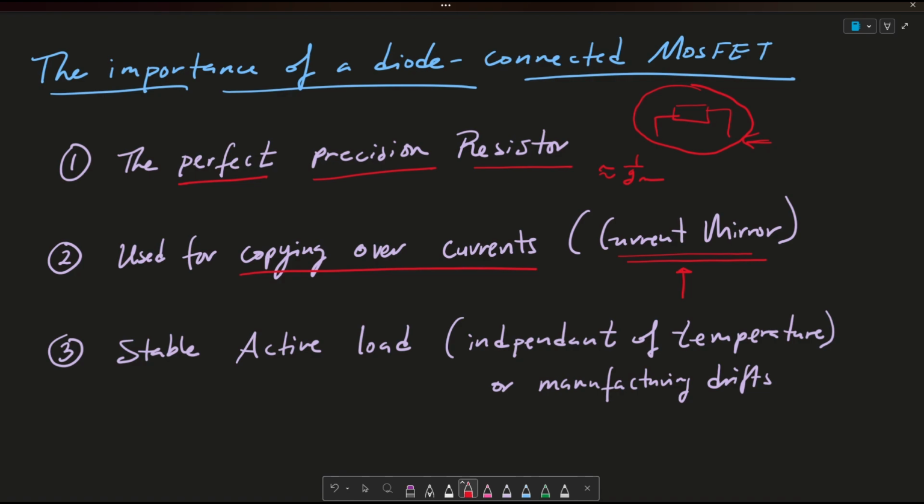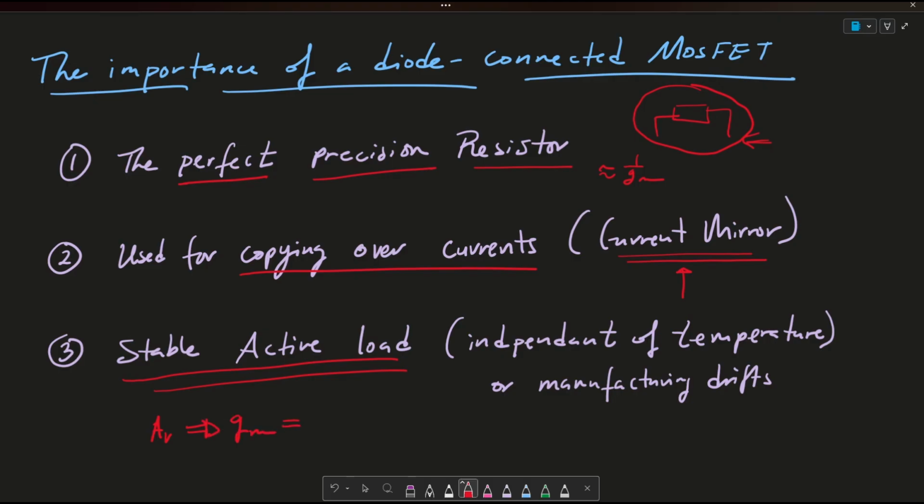The third important thing about a diode connected MOSFET, and again, these three things are not the only important things about it, but just something we want to point out, is that the diode connected MOSFET allows us to have a stable active load. Essentially, we will find out that the AV gain of the diode connected MOSFET is dependent on its Gm, or its transconductance.